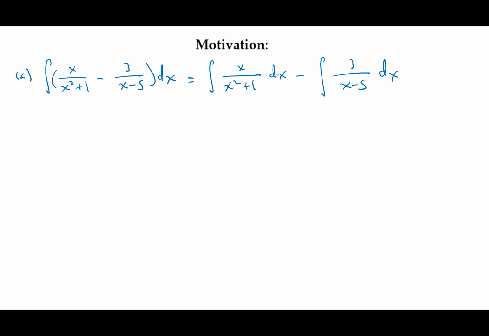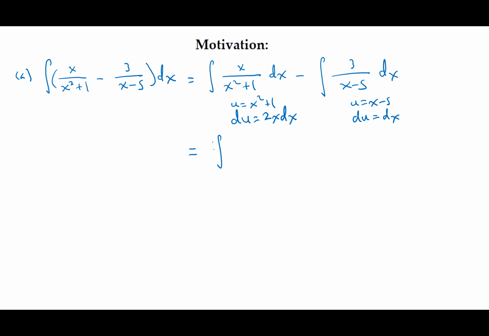Now, for the first one, you'd probably do a u substitution. U is x squared plus 1, so du would be 2x dx. And on the second one, you'll do u equals x minus 5, du equals dx. And so what do we have?